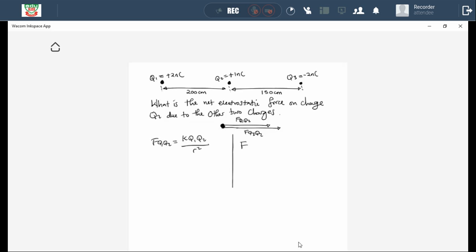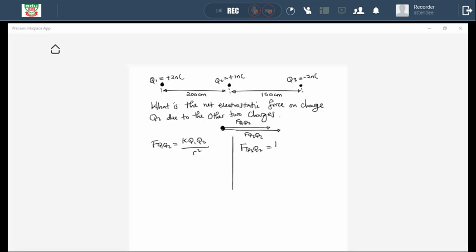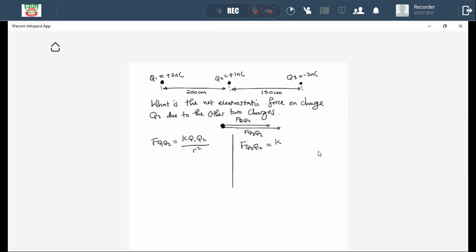Then on the other side, I'm going to calculate FQ3,Q2, which is equal to the constant, and then Q3 Q2, everything over R squared. Perfect. Let me start with FQ1,Q2 there.